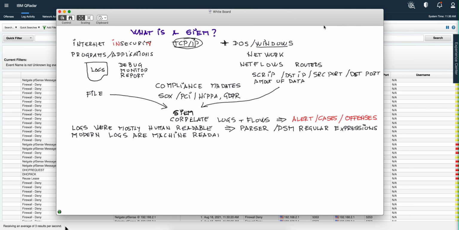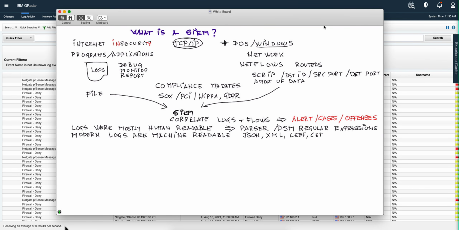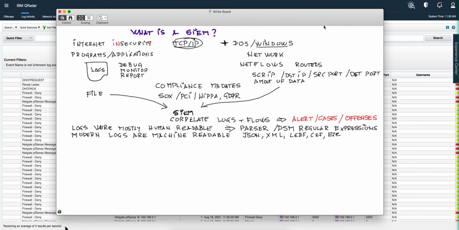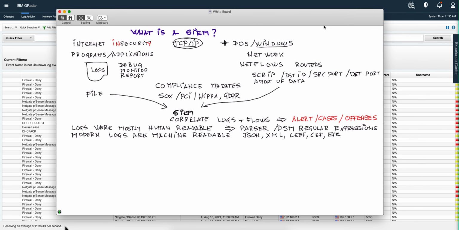They come in different formats like XML, JSON, LEEF, and another format is CEF. I mean, there are many others. But the idea is that these are clearly produced and separated into parts, which makes it very easy for a program to understand what's in there. So no need for regular expressions.